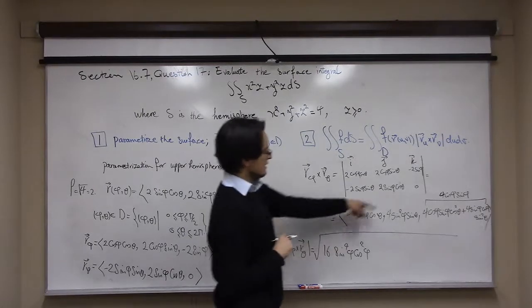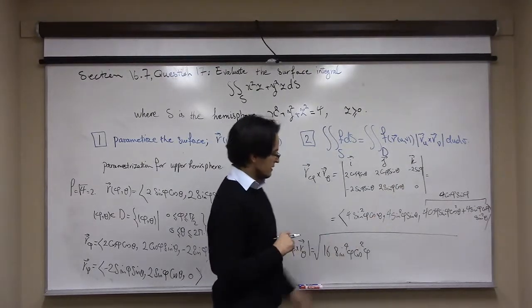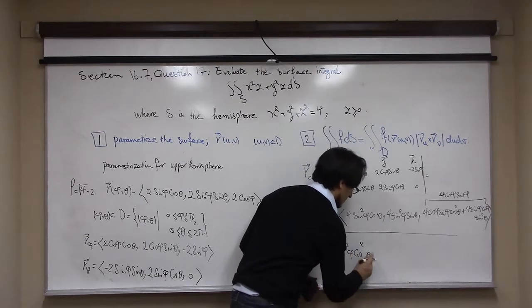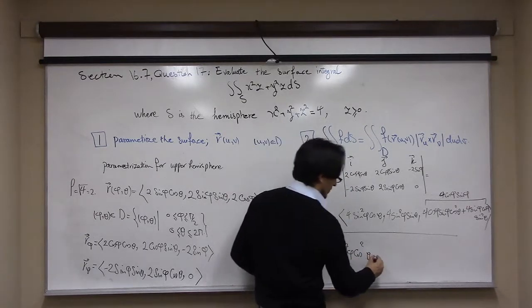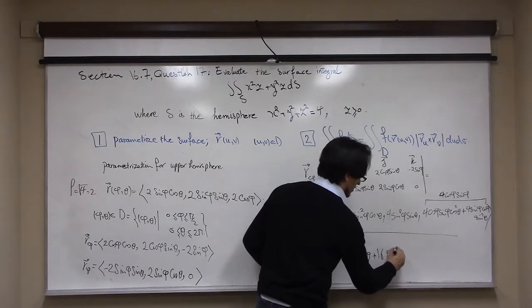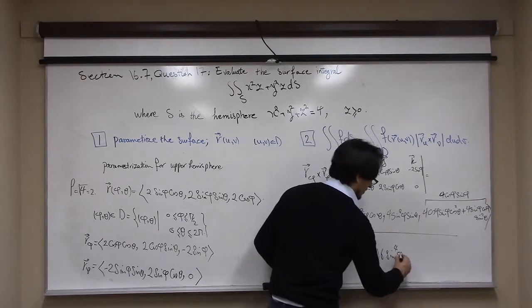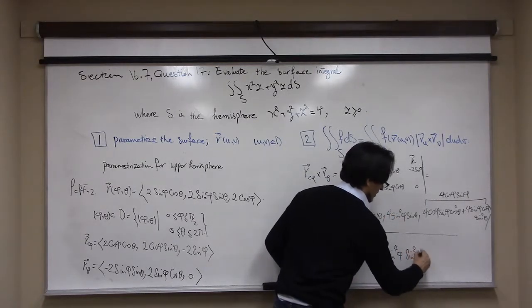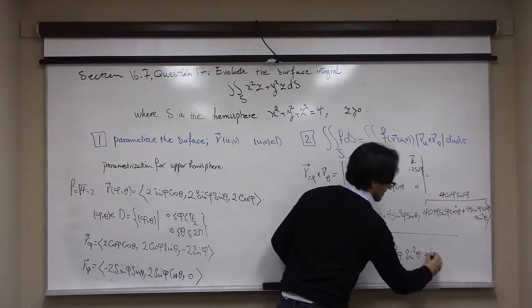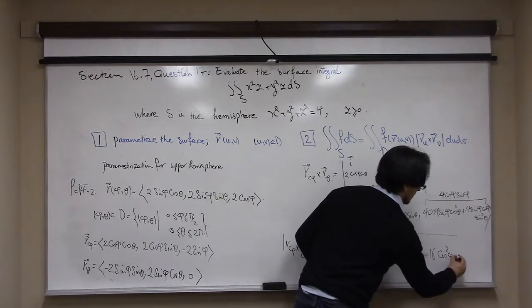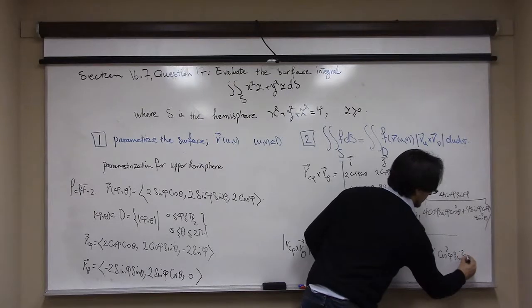I made that mistake there. This should be theta. So it is sine to the power 4 phi times cosine squared theta plus this square 16 sine to the power 4 phi sine squared theta plus 16 times cosine square phi sine square phi.